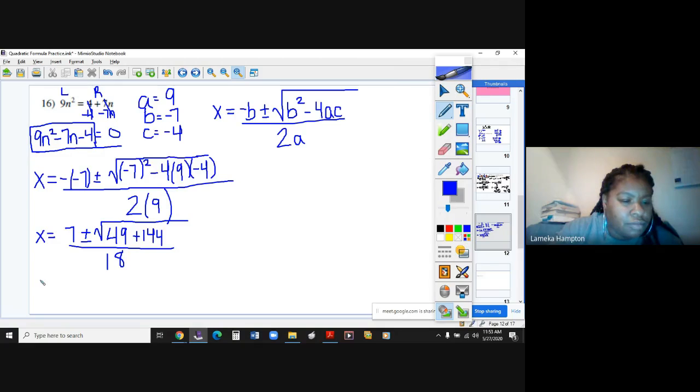Okay, so now I'm going to add what's under my square root sign, which is 144 plus 49. And I think that's going to give me 193. Yeah, I think that's going to give me 193. Okay.